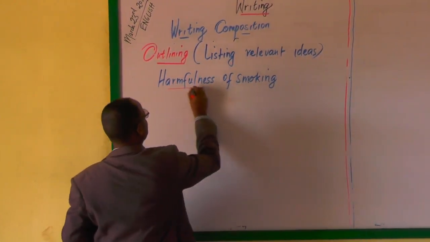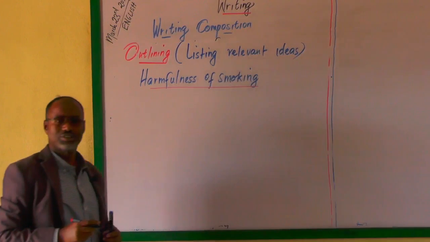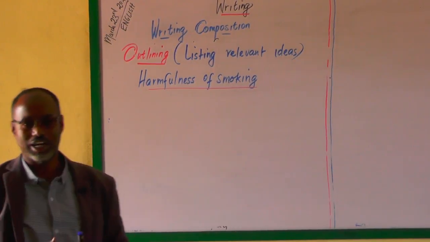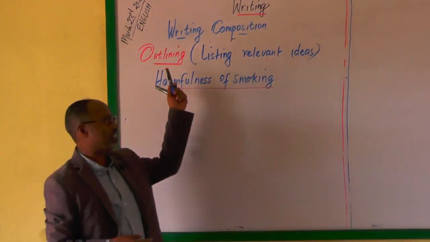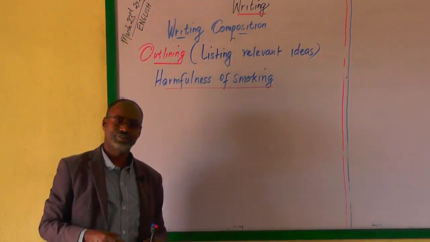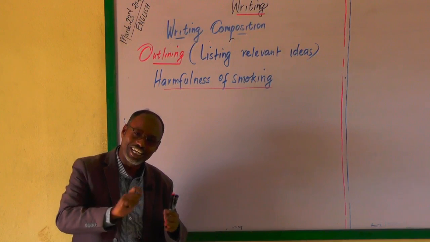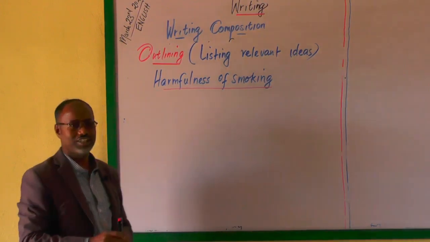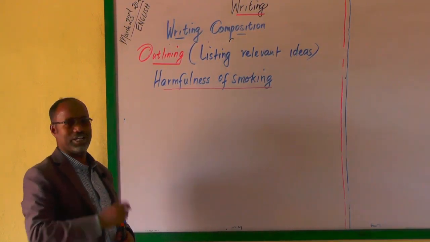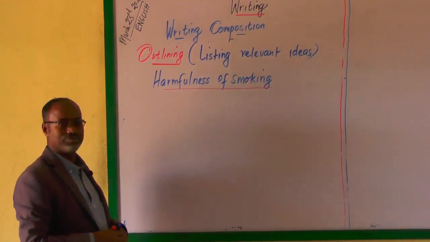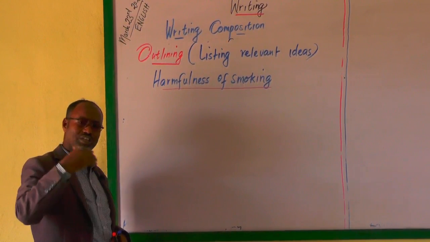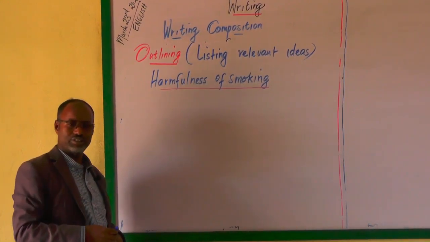Suppose that you have been asked this topic to write a composition. Well, and as we said, outlining involves listing some ideas about one topic. So what can we say? What can we say about smoking?